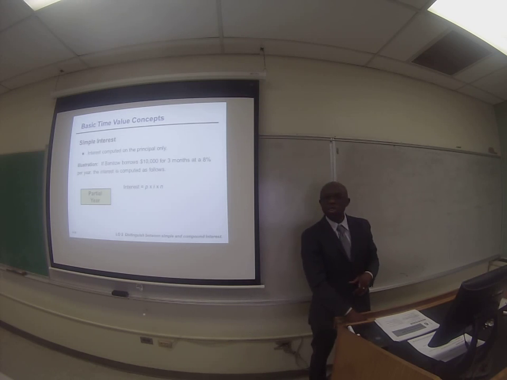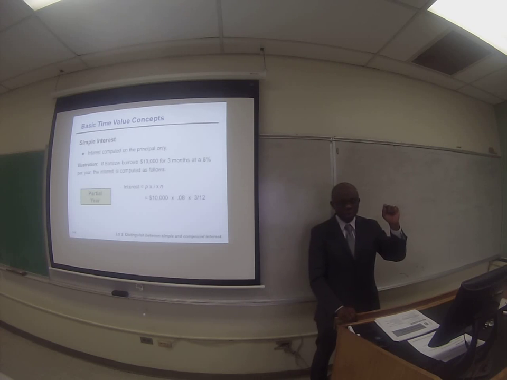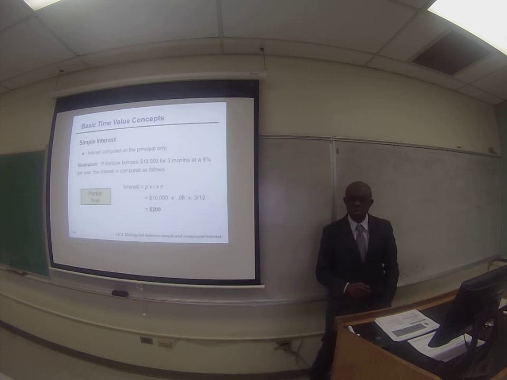Now again, we are going to use the same formula, principal times the interest rate multiplied by the time. In this case, the time is 3/12 because the money borrowed is only for a 3 month period. So when we do the math, we have $200.